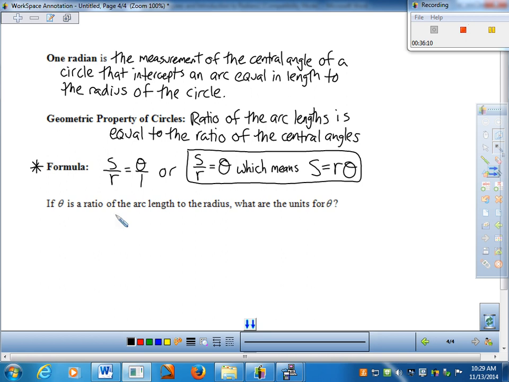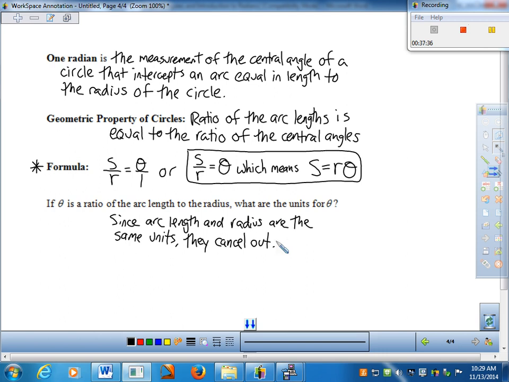And so here's what you're going to write, and then we'll wrap it on up. So, since the arc length and radius are the same units, they cancel out. They're gone. Slash them.